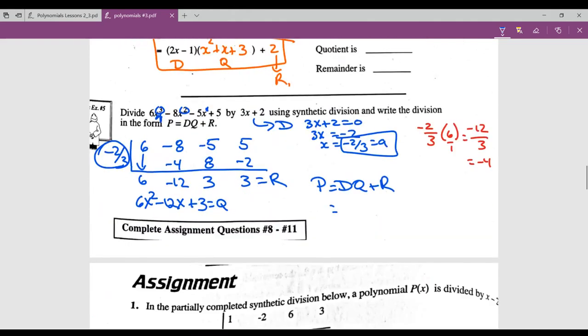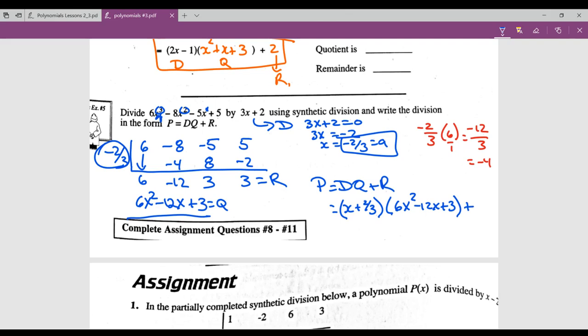And then when you factor out, it becomes back to what it originally was. So our divisor is x minus a, so it's x minus negative 2/3, so it's x plus 2/3. Quotient is this: 6x squared minus 12x plus 3.